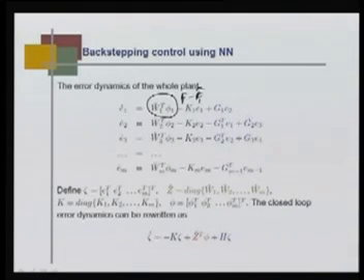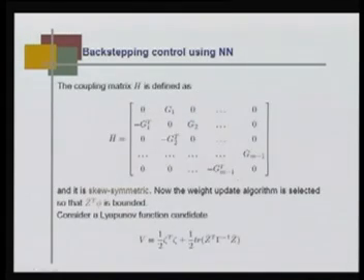You can easily see where this is k xi, this quantity, and z tilde transpose phi, this quantity, and H xi is this quantity, because my xi is simply this vector, and H is the matrix given by 0, G1, 0, 0; 0, minus G1 transpose, 0, G2; and so on. So, this is my H, and it is skew symmetric. The property of this is skew symmetric, and now the weight update algorithm is selected. It is skew symmetric because if I write x transpose Hx, then that is 0.